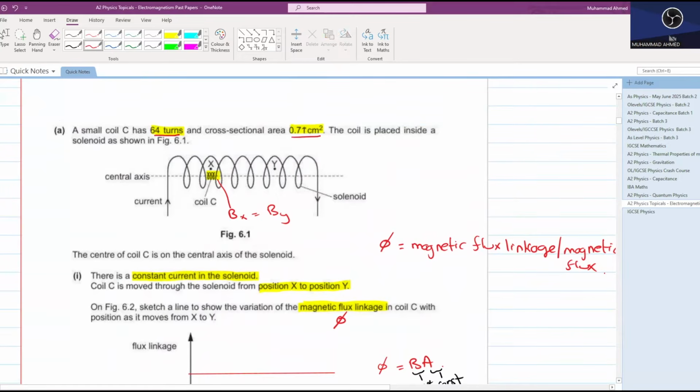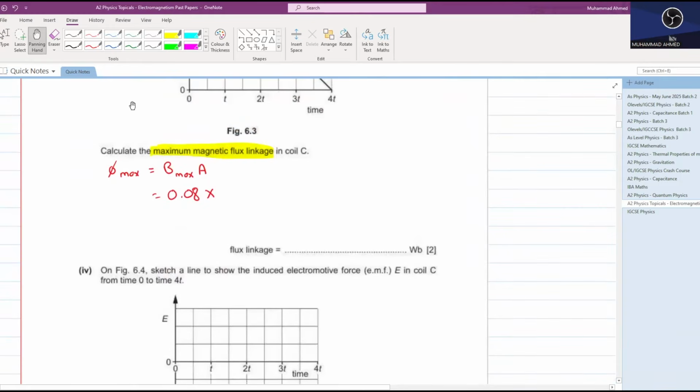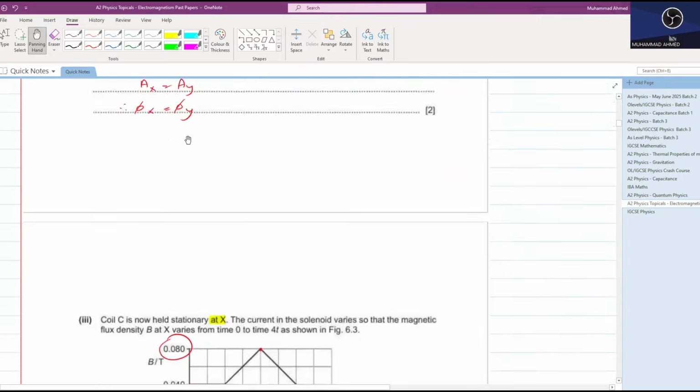The area is 0.71 and the number of turns is 64. As we have to calculate it for the entire coil, this formula will change slightly and we will multiply it by N as well. If it was for one turn, I wouldn't have multiplied it by N, but since it is for the entire coil, I also have to multiply by N.